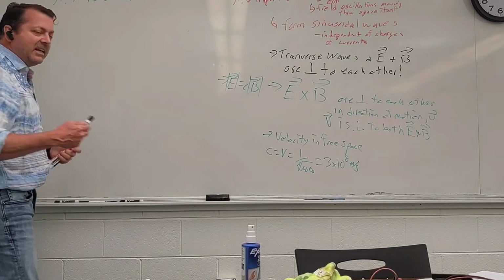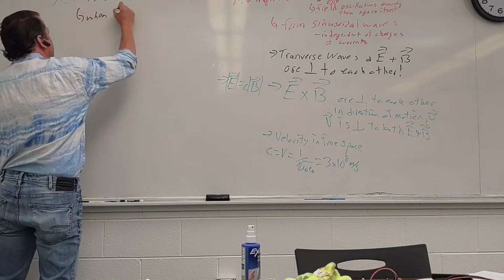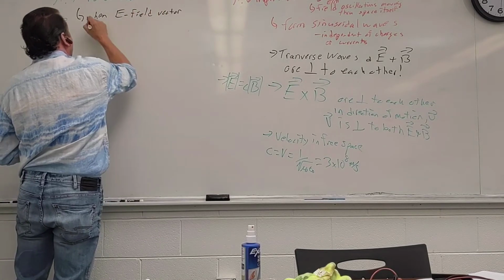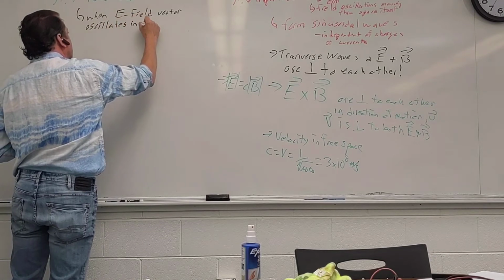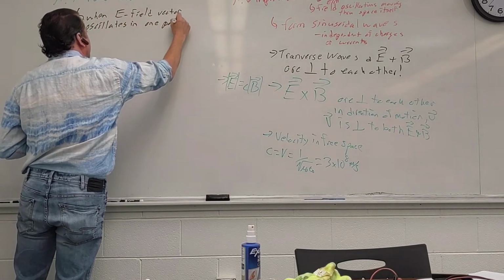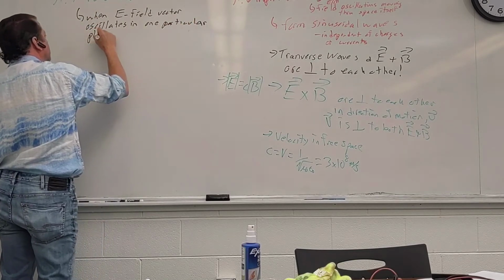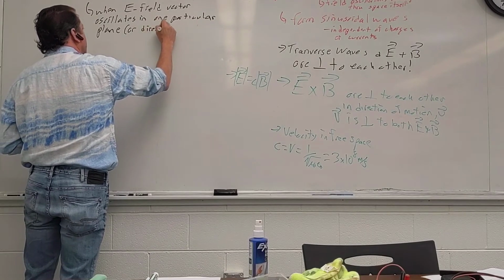So when you think light is polarized, it's when the electric field vector oscillates in one particular plane or direction, we can say.